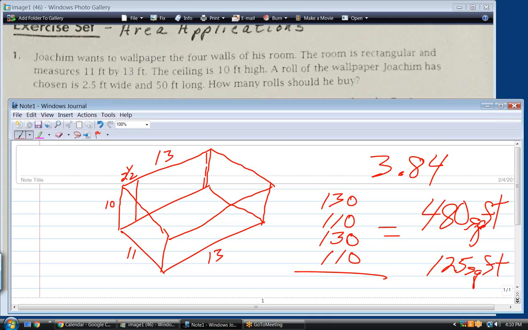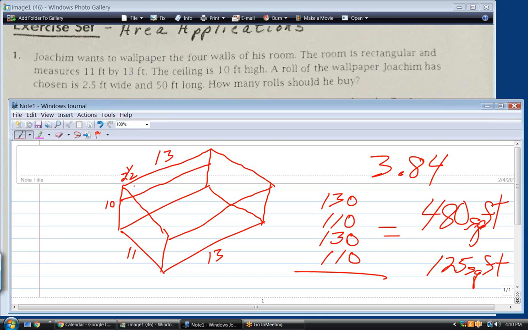But even still, nothing says we have to lay the wallpaper vertically. If we lay it horizontally like this, notice that exactly 4 rolls make up the 10-foot ceiling. 4 times 2.5 is 10. With nothing wasted, nothing left over.